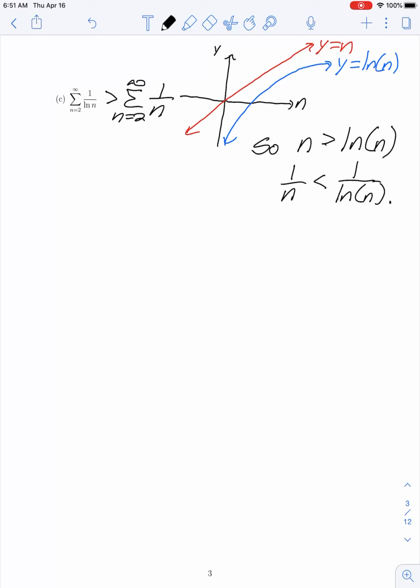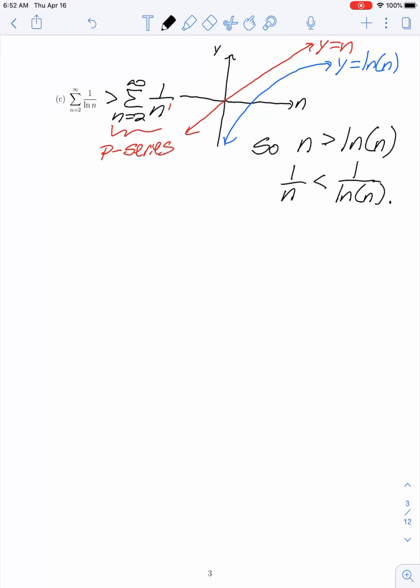But this series from 2 to infinity of 1 over n is a p series where the power of p is equal to 1. That was called the harmonic series, that special series where the power of p was equal to 1. And we know from the p-series test, or the integral test, that that series diverges. So then the larger series that we were given must also diverge.